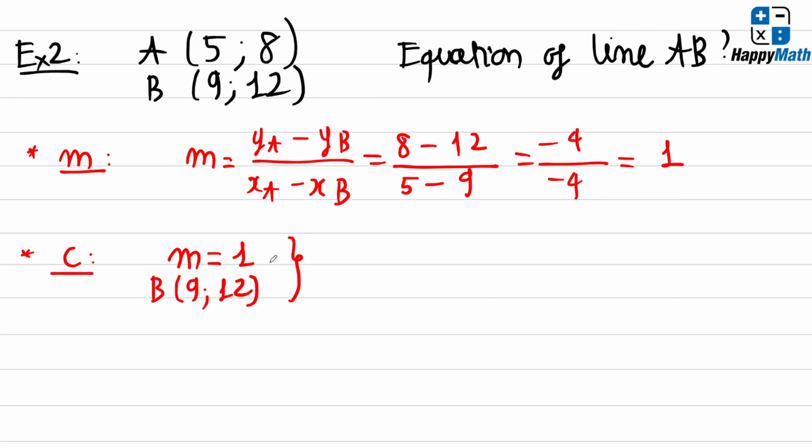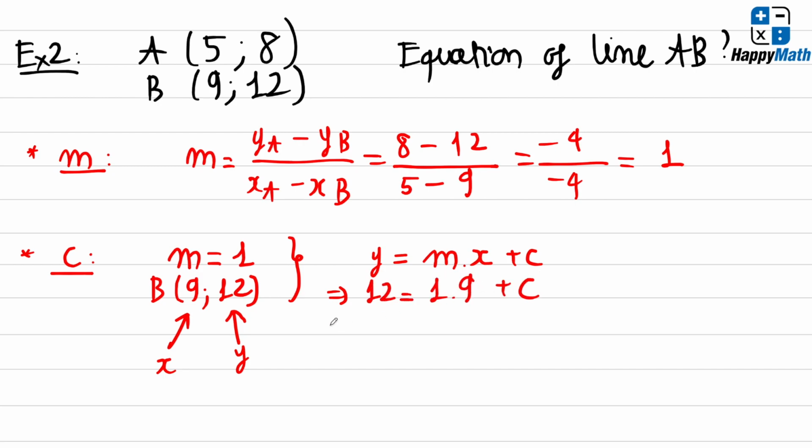So combining them, I have the equation y equals mx plus c. So what is y? Y here, x here, is very easy. And m here: you have y equal to 12, m equal to 1, x equal to 9, and now you find c.